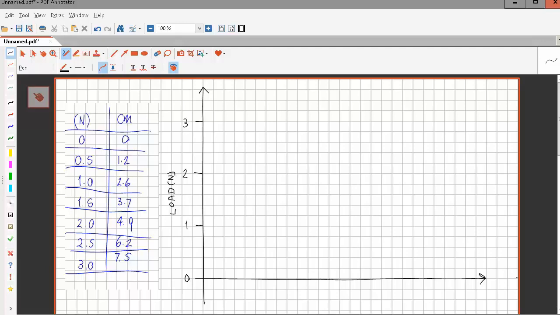If we use 4 squares for each centimeter, let's see if that works: 1, 2, 3, 4, 5, 6, 7, and at the extreme here will be the 7.5, going right up to the edge of the graph.